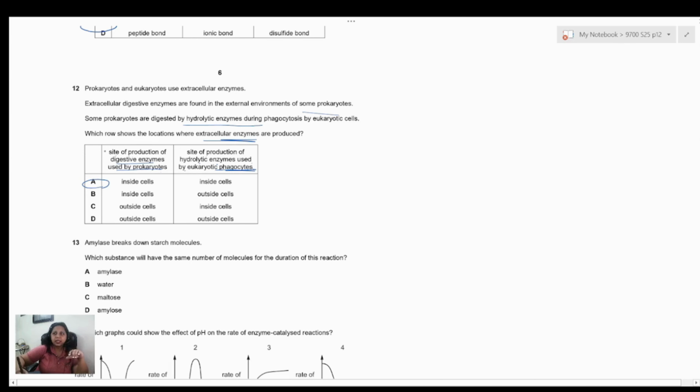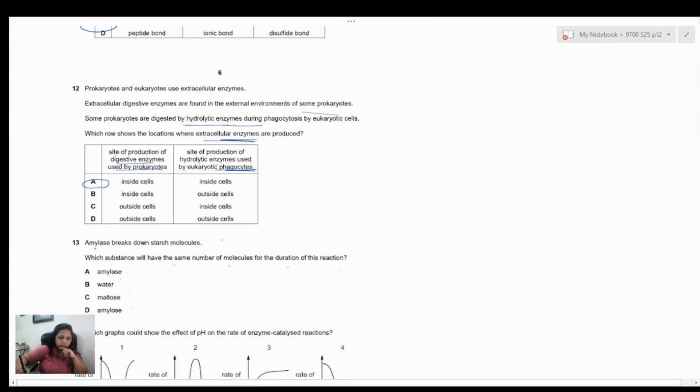Next question says the amylase breaks down starch molecules. We have already done that. There is an enzyme that first breaks down what is easily composed or difficult to compose, that is related to amylose. Which substances will have the same number of molecules for the duration of this reaction? Amylase, water, maltose, and amylose.